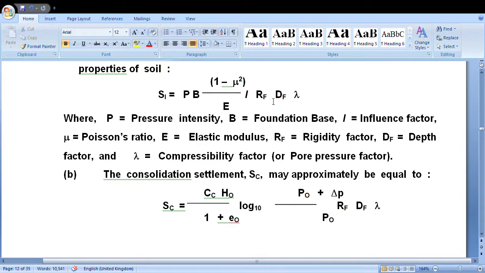The depth factor depends upon the depth and the width of the foundation.